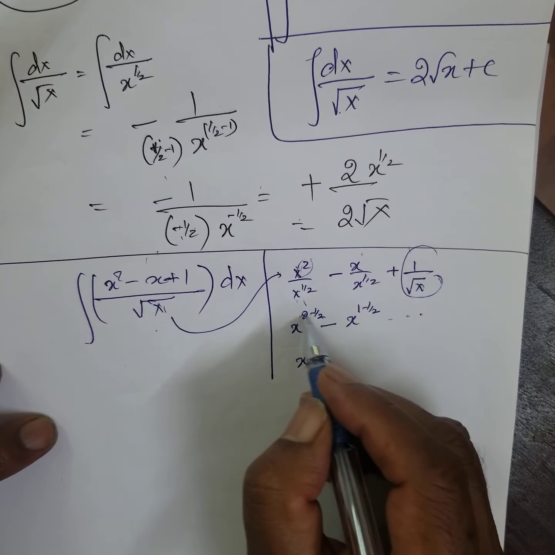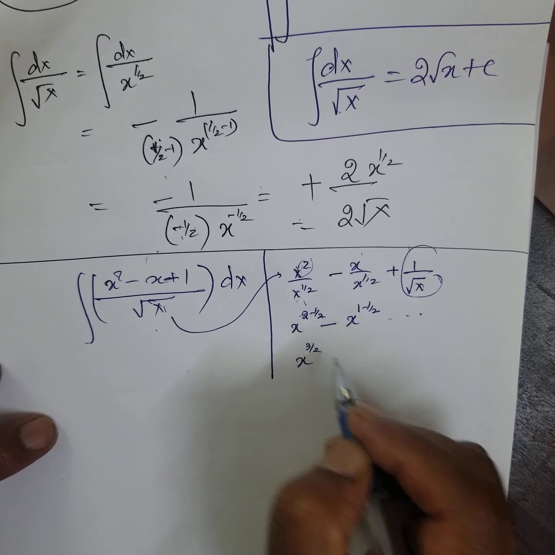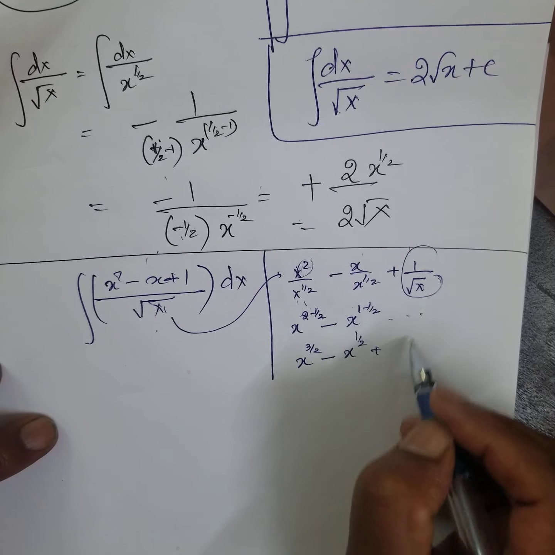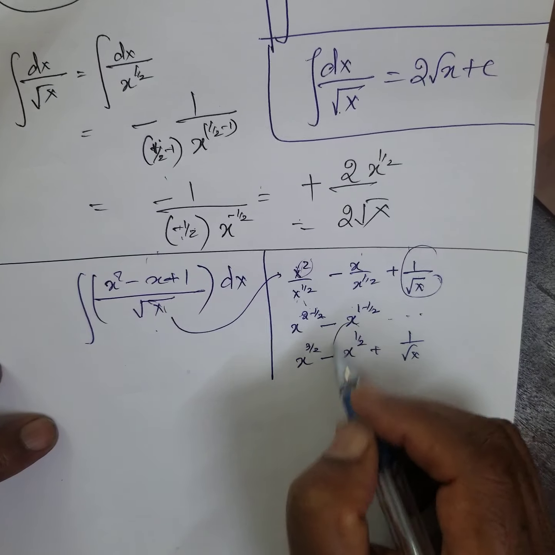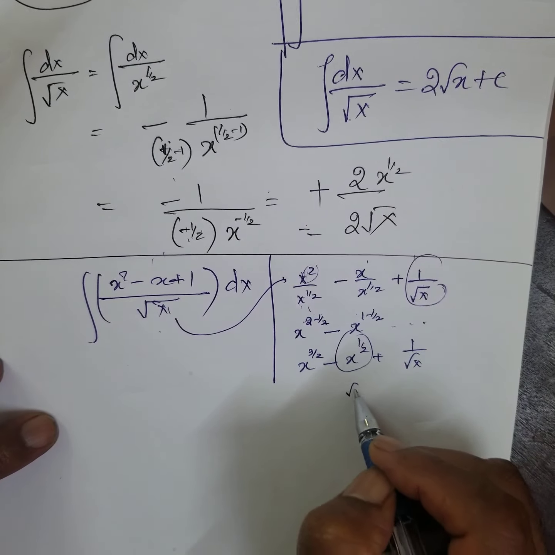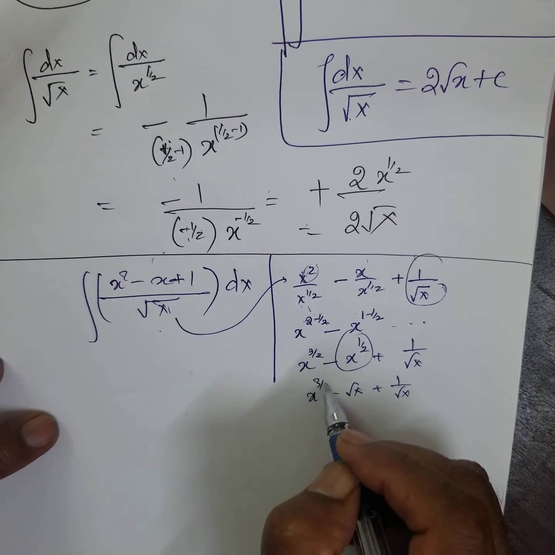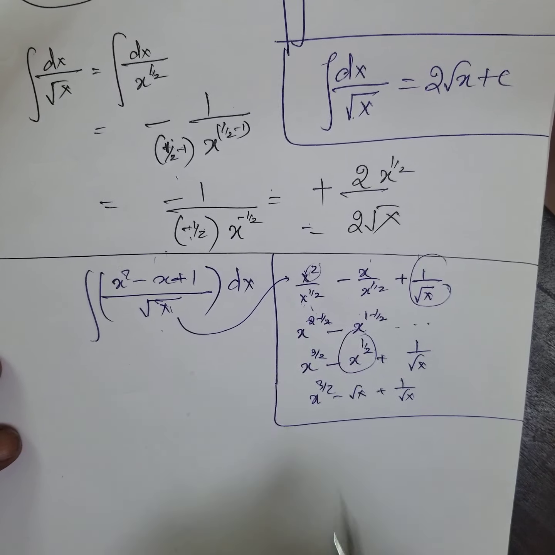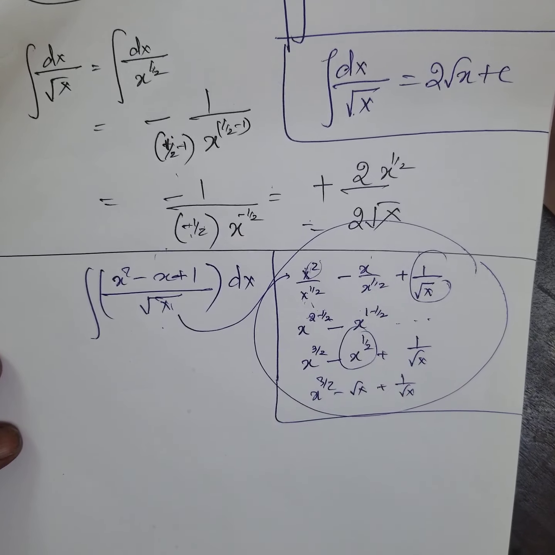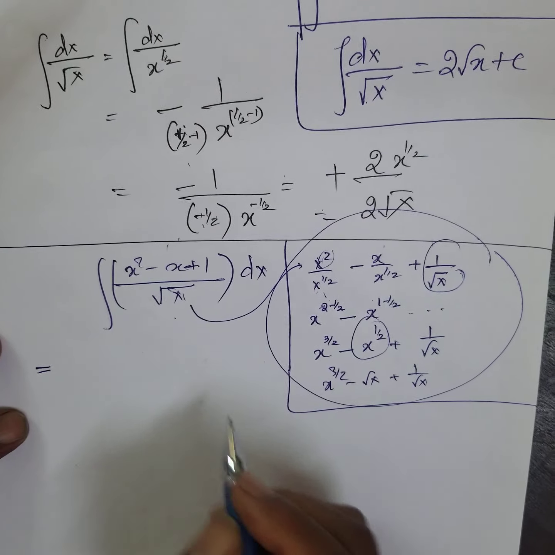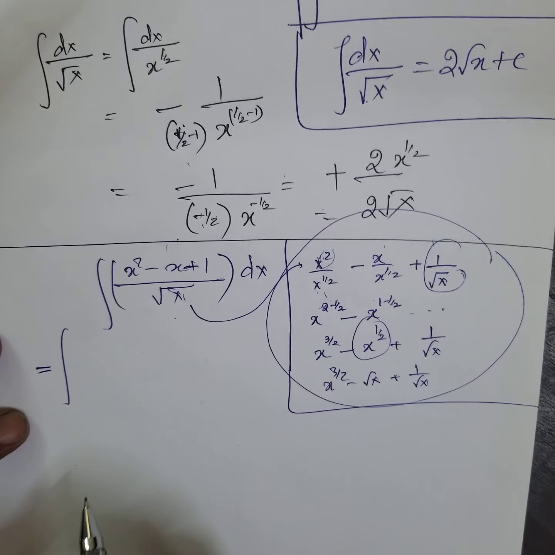x to the power of 2 minus half is 3 by 2, minus x to the power of half, plus 1 by root x. x to the power of half is root x, plus 1 by root x, minus x to the power of 3 by 2. This you have to calculate very fast because they will test your speed, numerical ability, calculation ability.